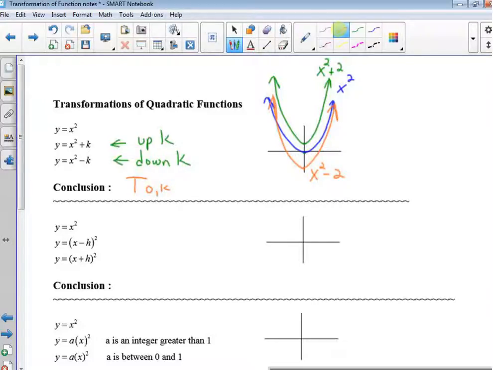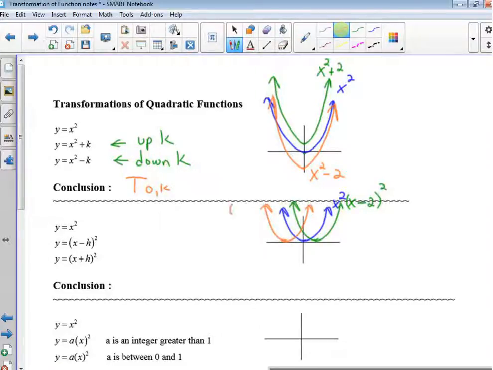The next one was that shift left and right. So y equals x minus h quantity squared, you think goes to the left, but it goes to the right. So maybe that's x minus 2 quantity squared, and then x plus h quantity squared would go to the left.